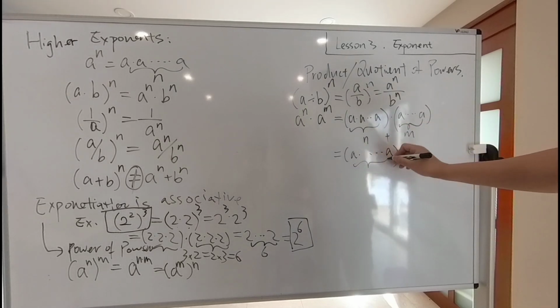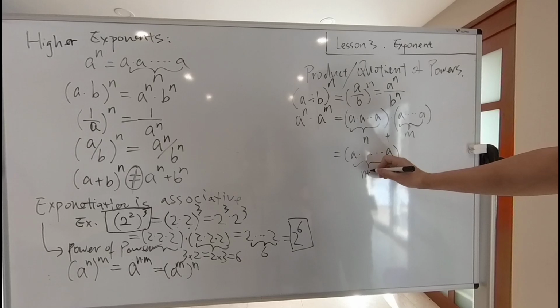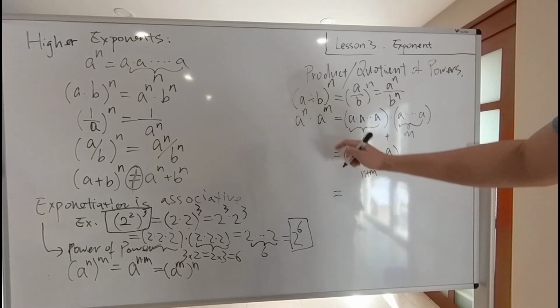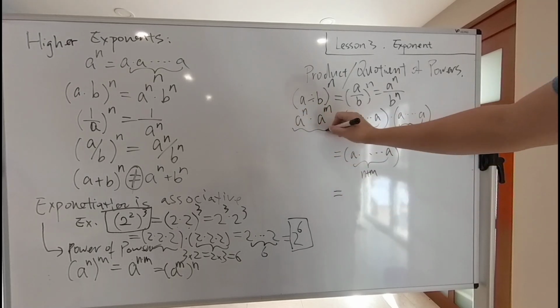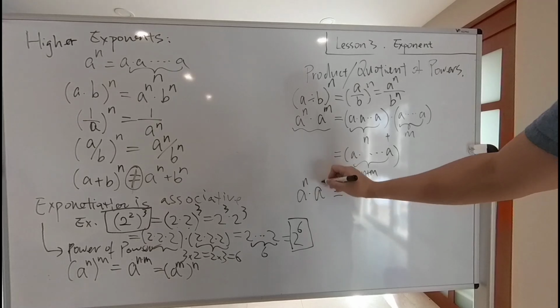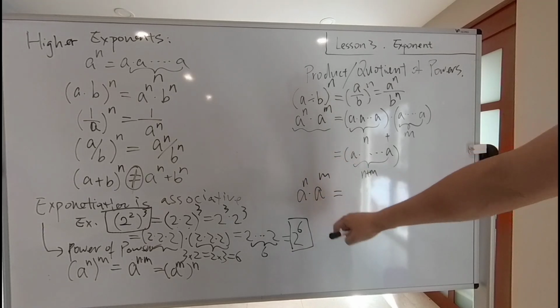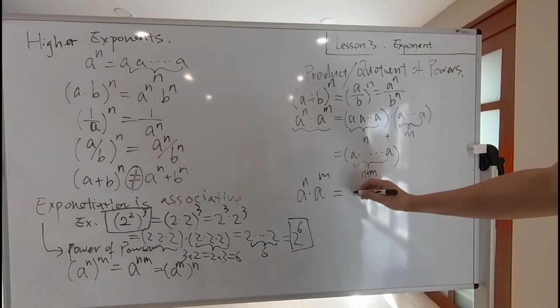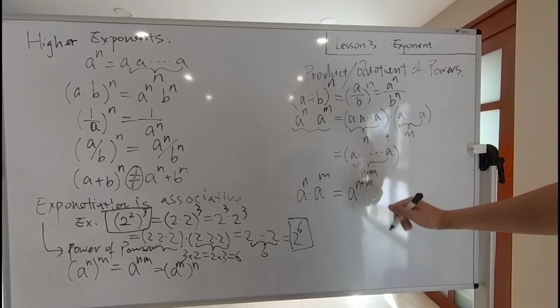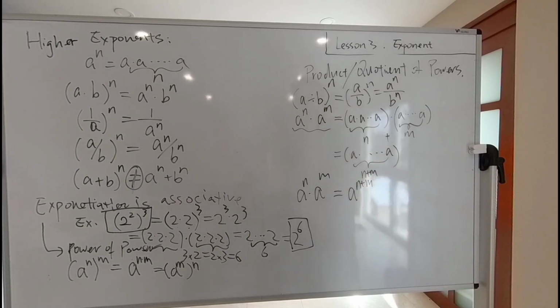So in total we have n plus m counts of a. So let me just copy this down to the bottom. So a to the nth power times a to the mth power is equivalent to a to the n plus mth power. Okay, so this is the product of powers.